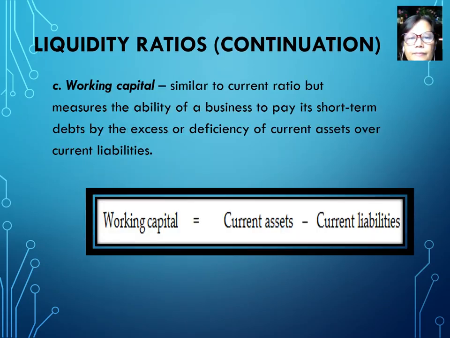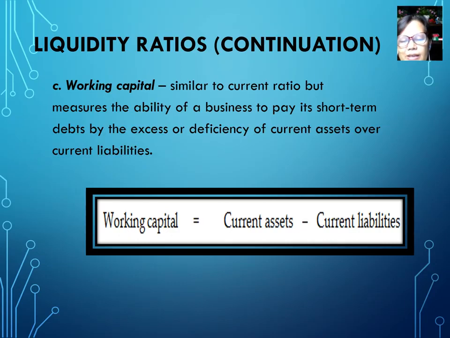Okay? The number 3 example of liquidity ratios is the working capital. This is actually similar to current ratio, but measures the ability of the business to pay its short-term debts by the excess or deficiency of current assets over current liabilities.